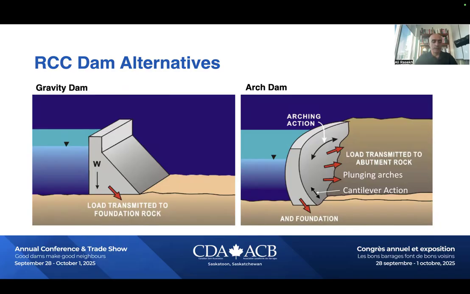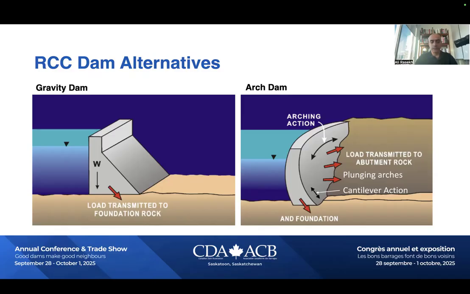A gravity dam transfers the lateral load to the base, and an arch dam transfers the load partly to the base and partly to the abutments on the two sides. The final decision was something in between. We decided on a curved gravity dam.